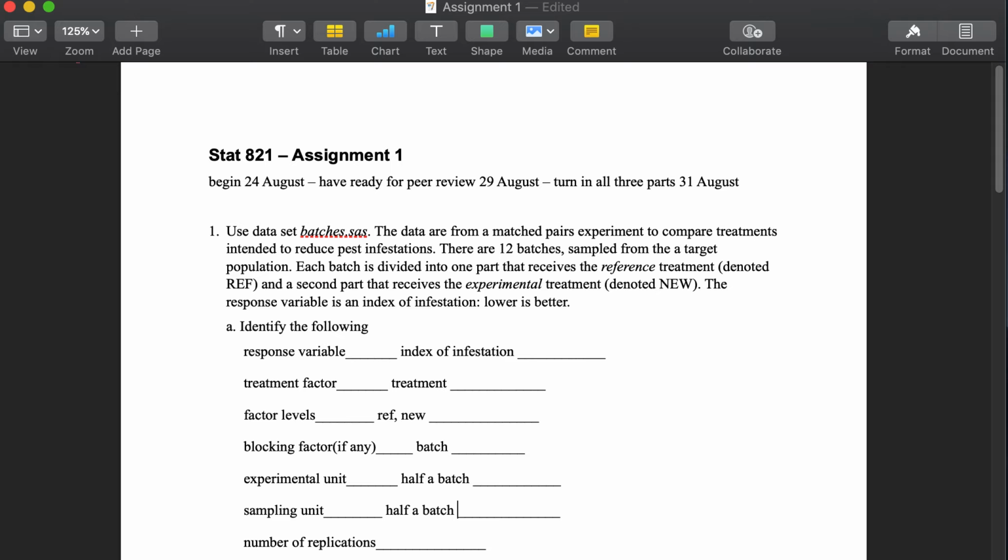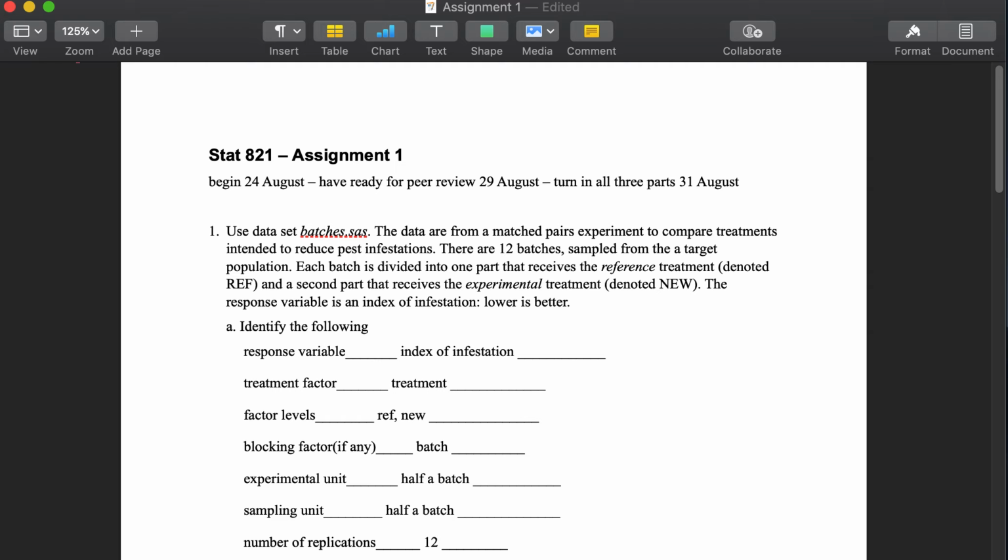So imagine the experimental unit would be a patch of strawberries, but the sampling unit would be 1 individual strawberry because each strawberry in the patch gets sprayed with treatment, but each strawberry is measured individually. In this example, experimental unit and sampling unit are the same. The number of replications, this is going to be 12 since we have 12 different batches.